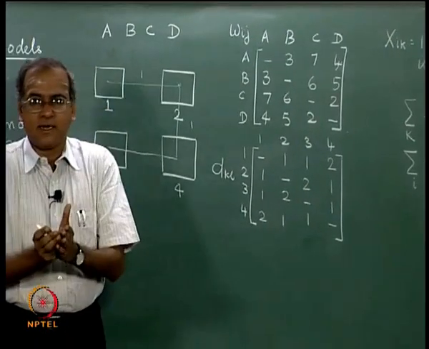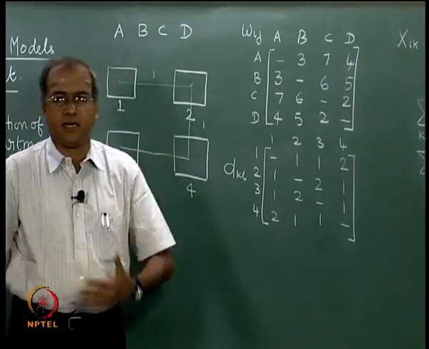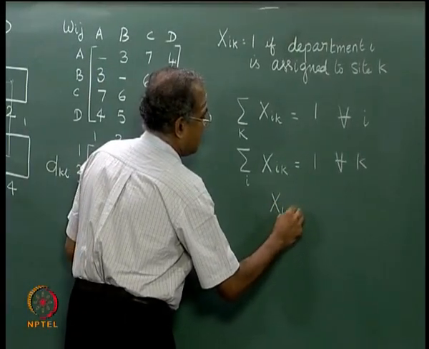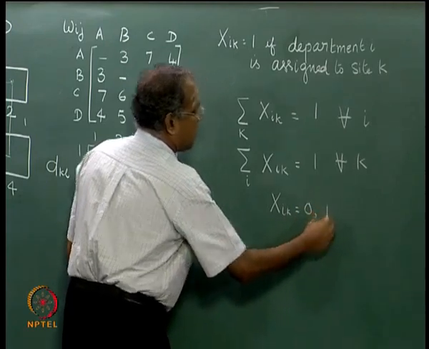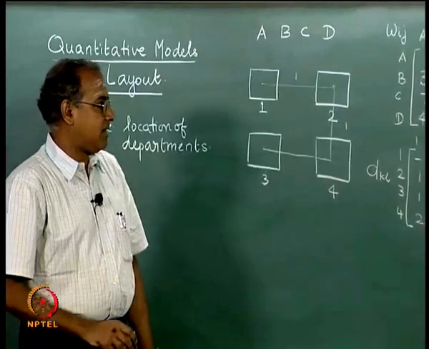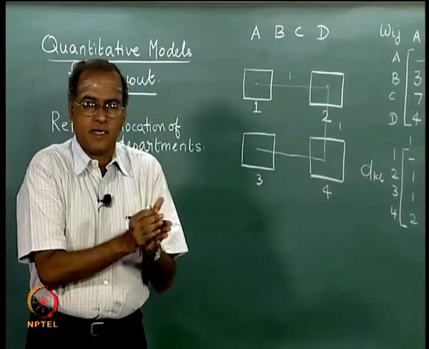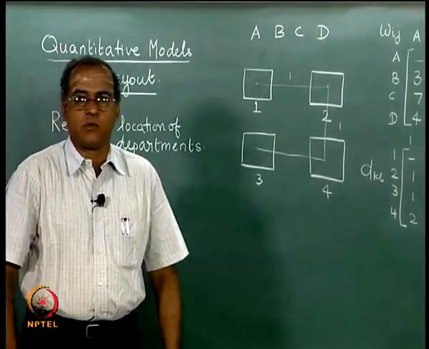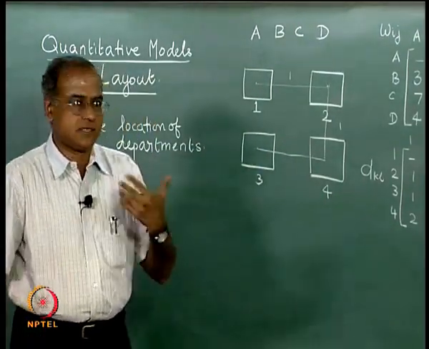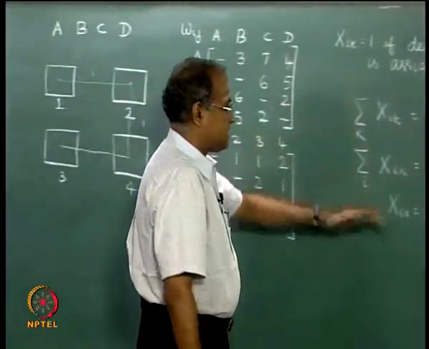So every site gets exactly one department allocated to it, and xik is equal to 0 or 1, which is a binary variable. If department i goes to site k, then the value is 1. If department i does not go to site k, the value is 0. Now, these are the constraints.